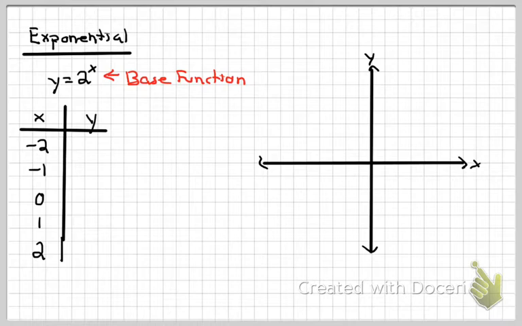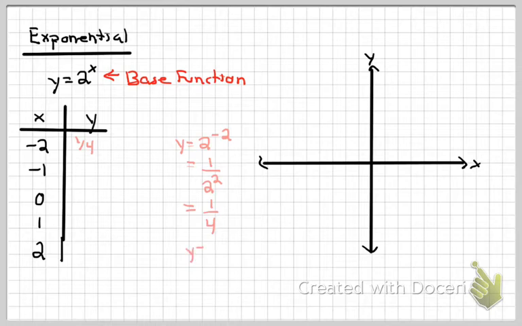So when x is equal to -2, we have y equals 2 to the power of -2. So bringing us back to our exponent laws and rules, we're going to flip this. So it becomes 1 over 2 to the power of 2. And now we can evaluate this. So it's 1 over 2 squared, which is 4. So it's a quarter.